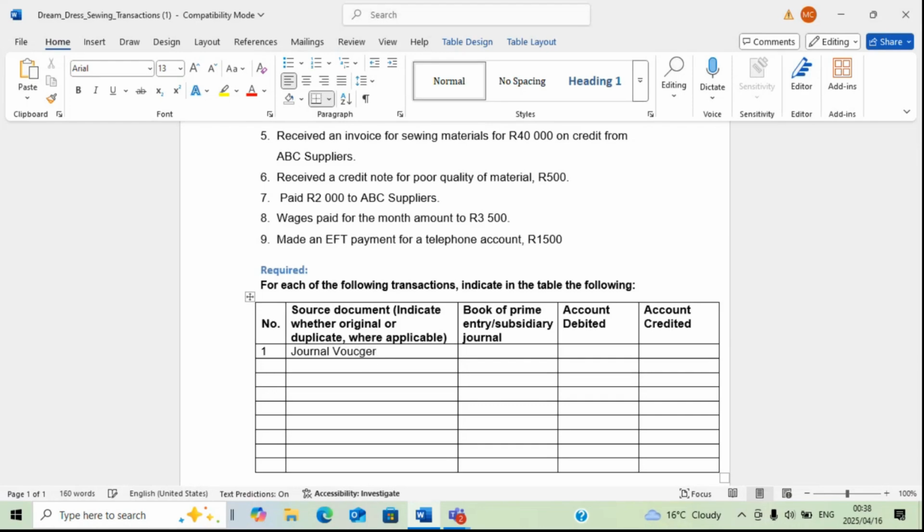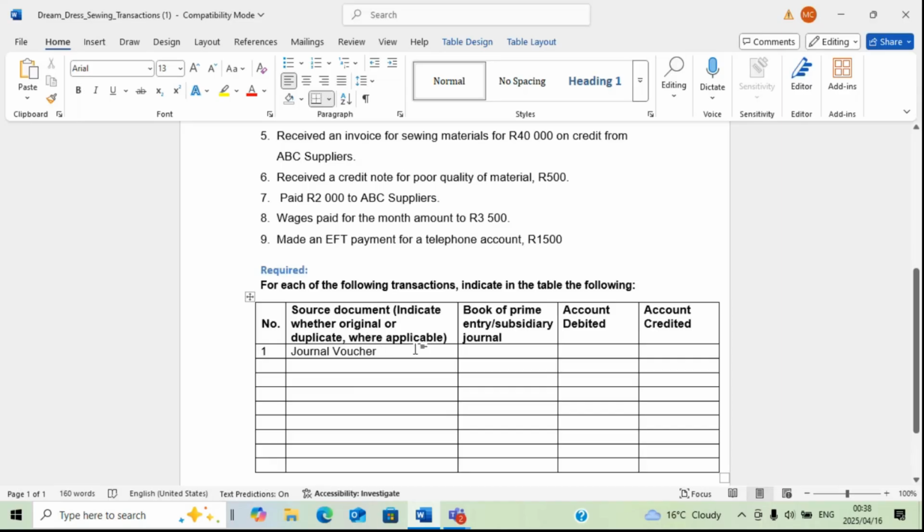A general voucher is a source document that we record where there is no cash transaction involved. It's a source document where we record transactions in which cash is not involved, right?